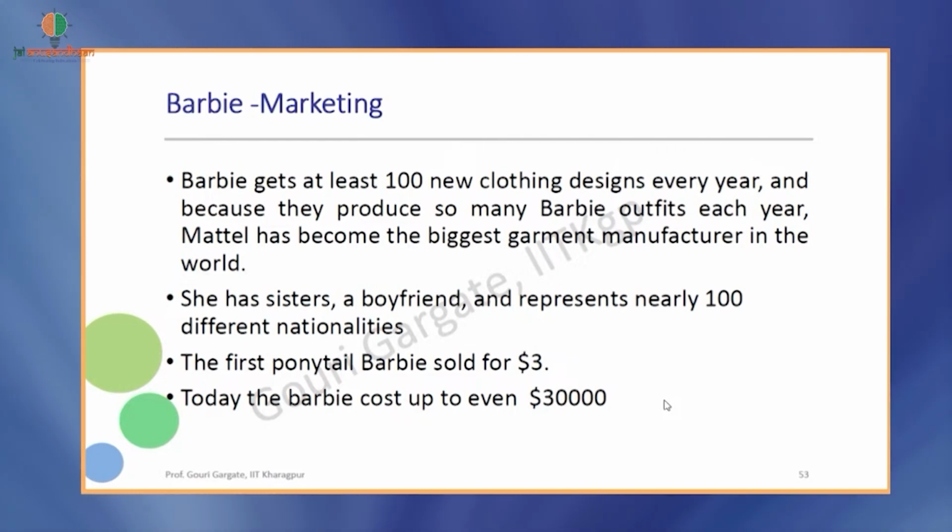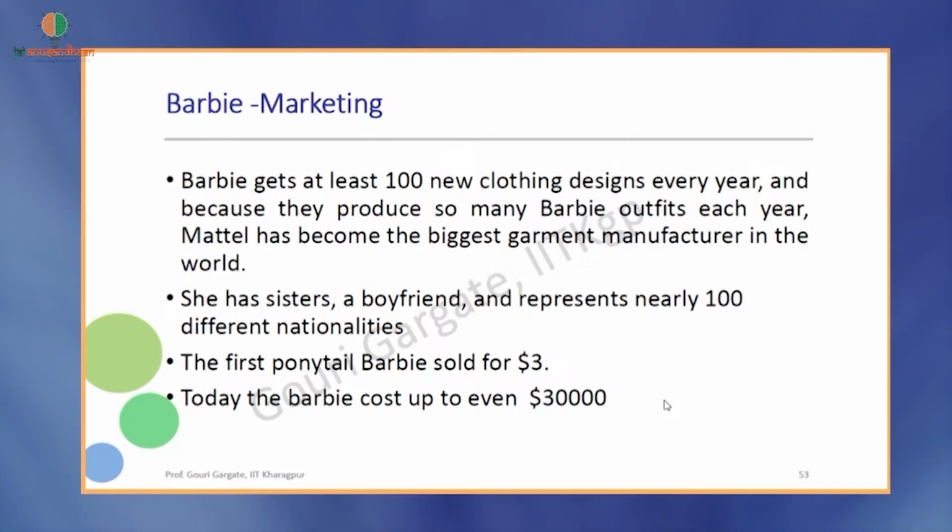I have told you that Barbie has many other relationships, and she represents nearly 100 different nationalities. The first ponytail Barbie was sold for $3, and Barbie can now cost up to $30,000. What an effective brand building. And the path was not easy. Barbie has gone through a lot of legal cases related to industrial design and other types of IPs.